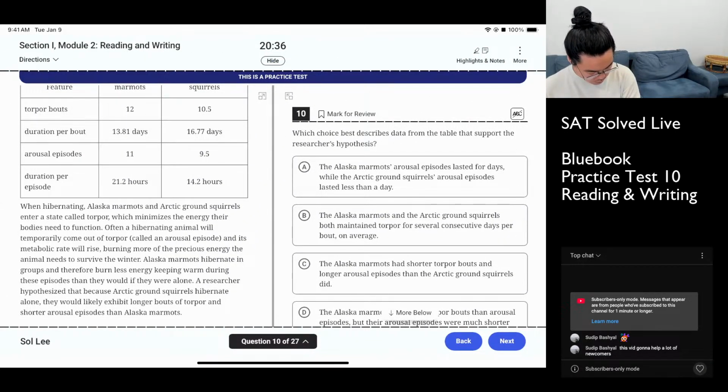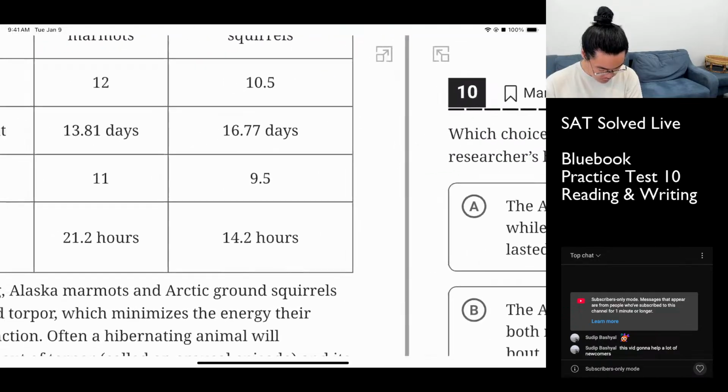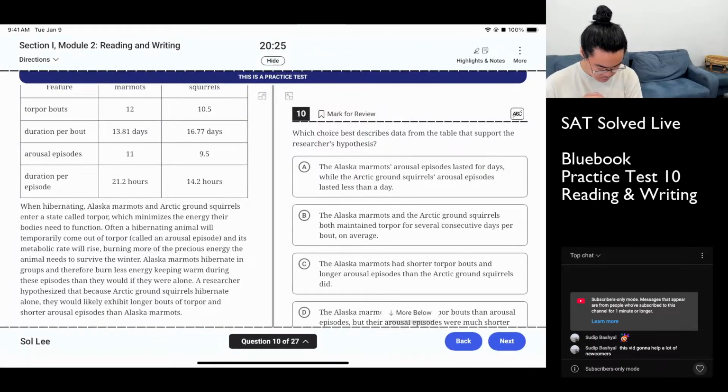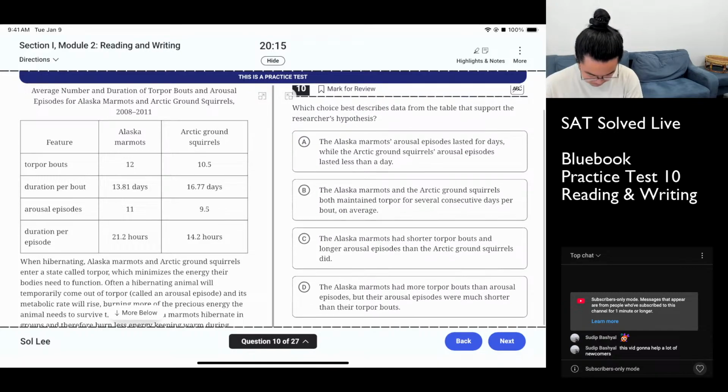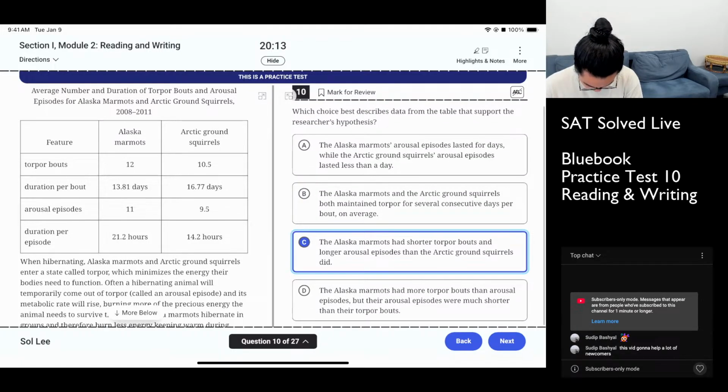Because squirrels are alone, they would have longer torpor and shorter arousal. Longer torpor, which is 16.67 days, 8 days, and shorter arousal, which is exactly the 16.7 and 14.2 is what I'm looking for. The squirrels, where's squirrels?